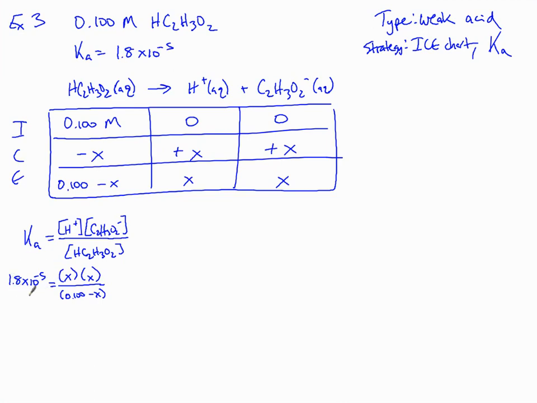This is a very small amount. Only 1.8 times 10 to the minus 5th really dissolves. So most of this is going to be the acetic acid still, which means this is a very tiny number. Let's say it was 0.1 minus 0.001. If you were going to round it, it'd still be 0.1.